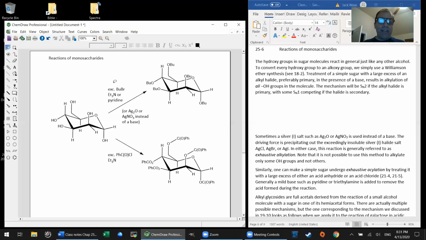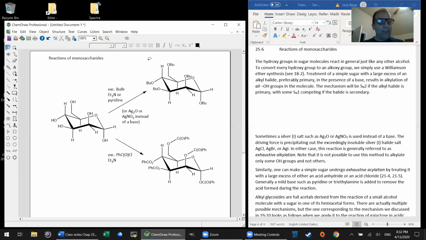But I do anticipate that one by one, in no particular order, the OH group is going to attack the 1-bromobutane and kick off the bromide ions. And then your base is going to come in and pull off that proton and make the neutral ether functional group. Then it'll go back for another OH group, and again and again and again. So it's a similar type of mechanism involving an SN2 reaction.